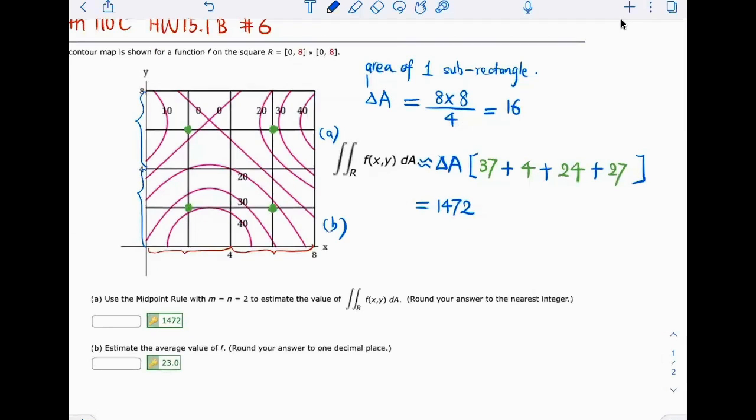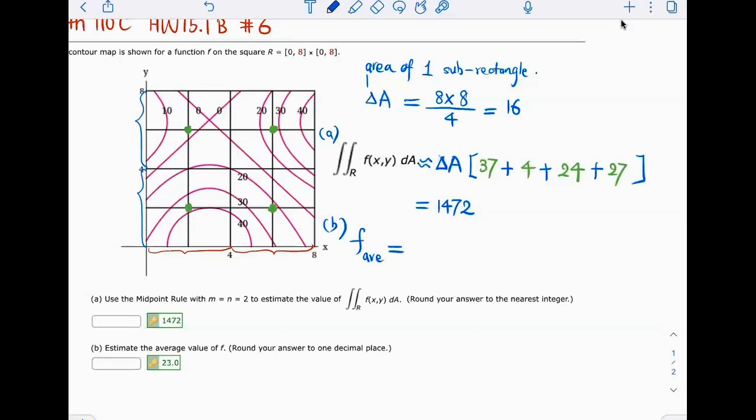So part B, we're going to estimate the average value of the function. Since we already estimated this double integral, for the average value of the function, we have a formula.